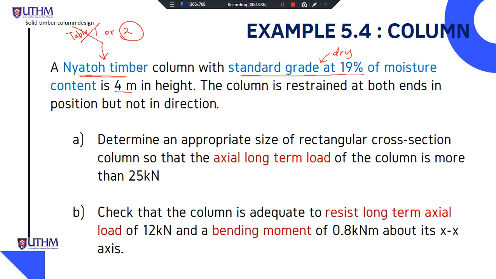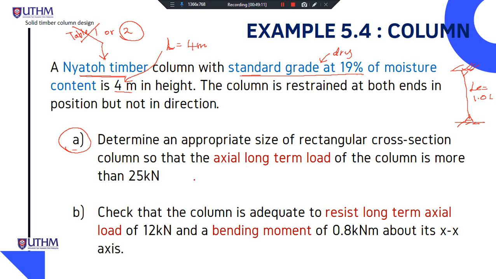The actual length is equal to 4 meters, L. The column is restrained at both ends in position but not in direction, meaning this is a pin column, where our L_E is equal to 1.0 L.